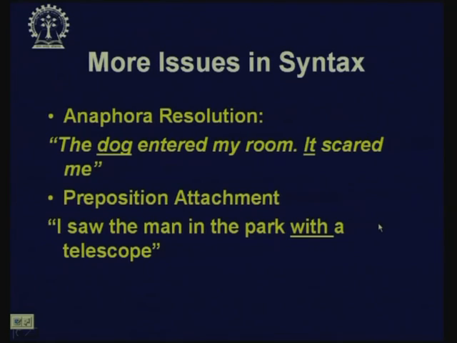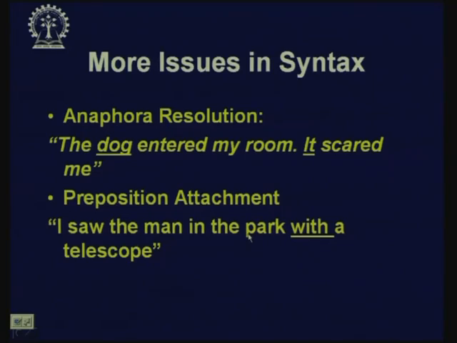Now, which one of these is really meant? Even for us, there are two. We can understand that it is very improbable to have a park with a telescope. But of course, it is possible that in a special park for some astronomic fair, you can put in a telescope.